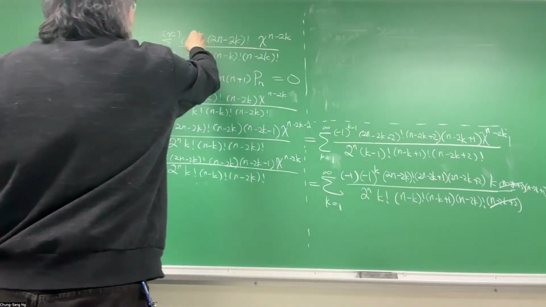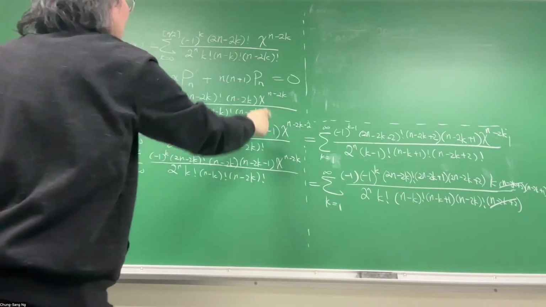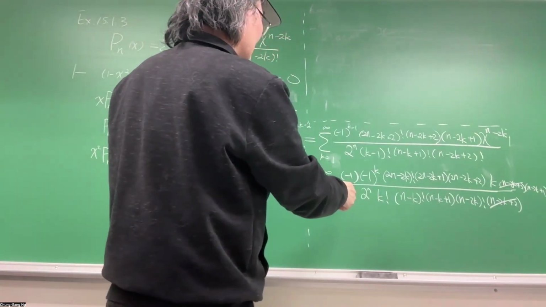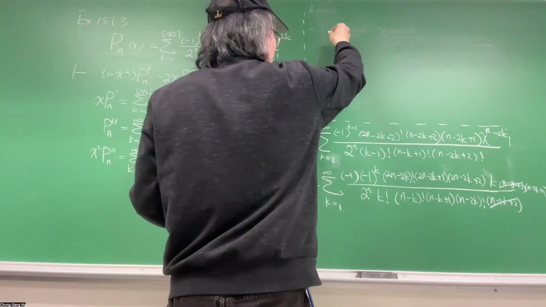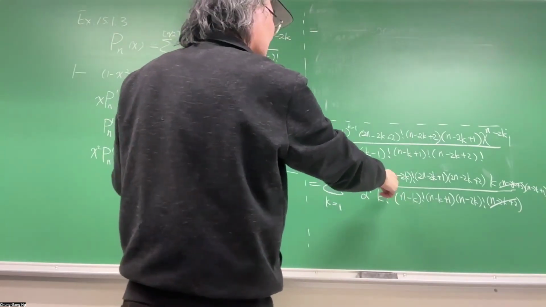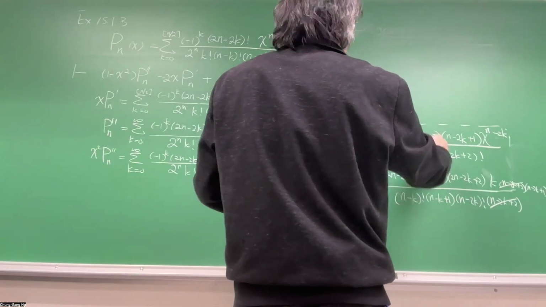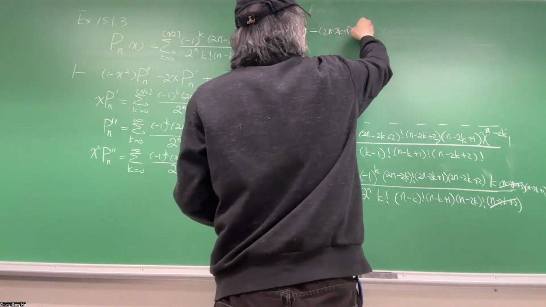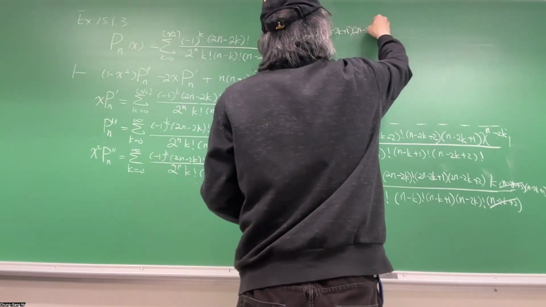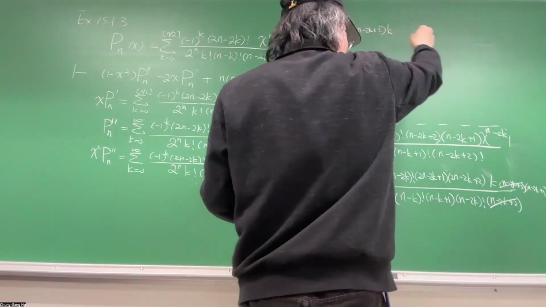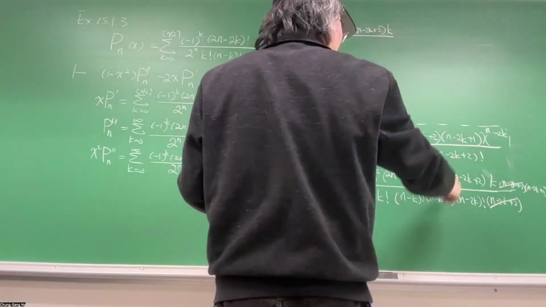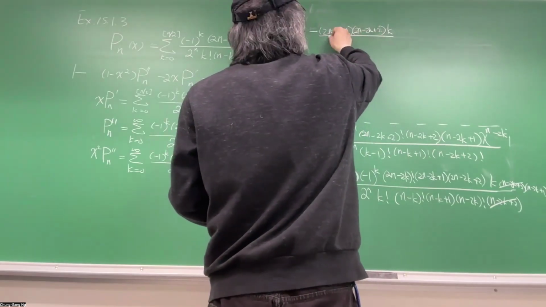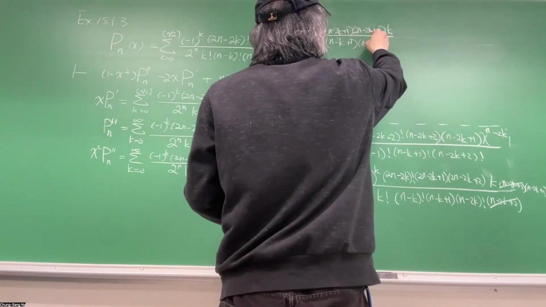So everything out in front other than the common denominator, you have a minus 1, and then this is common, so you have 2n minus 2k plus 1, 2n minus 2k plus 2, and then k, and then divided by n minus k plus 1, then n minus 2k.